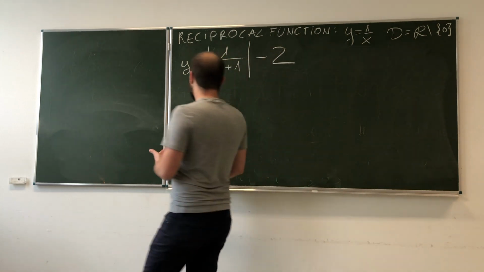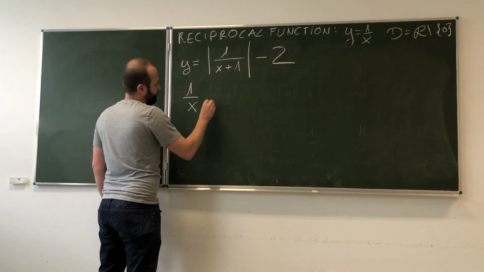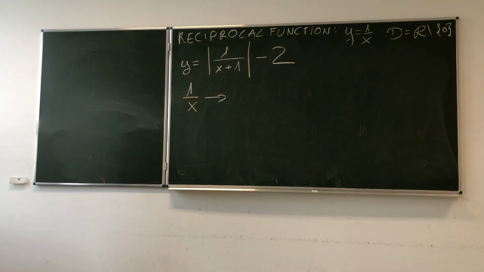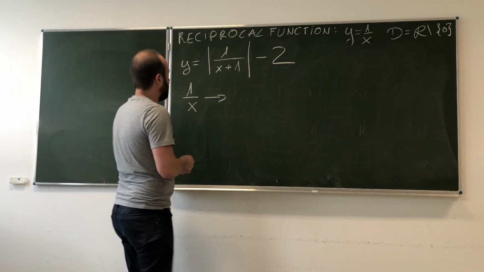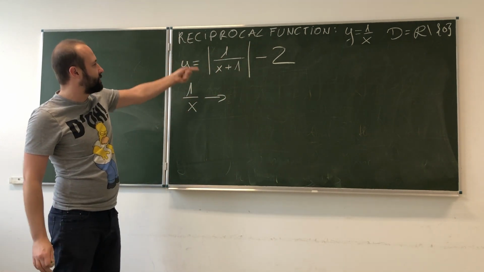And look, we do it like this. At the beginning, we should start with the function 1 over x, because we know how it looks. Then, we should make the function more and more complicated in each consecutive step. Okay, so we start with the things that are usually the closest to x.